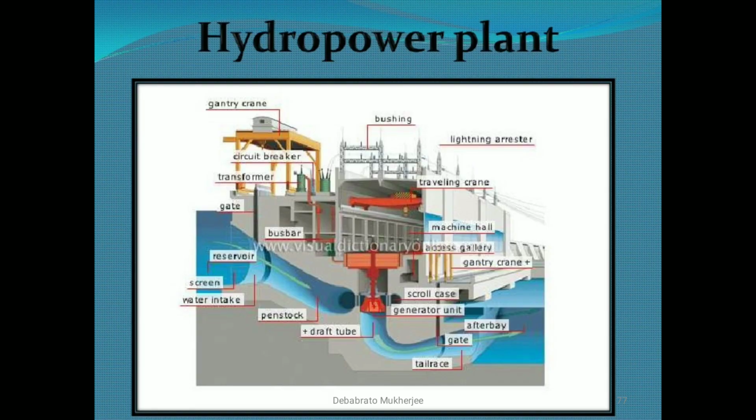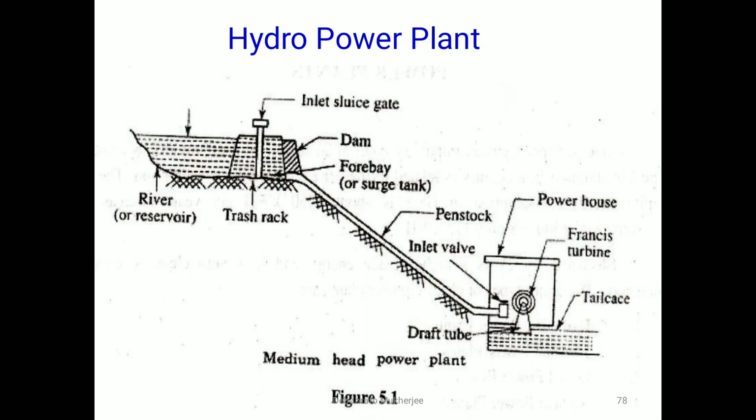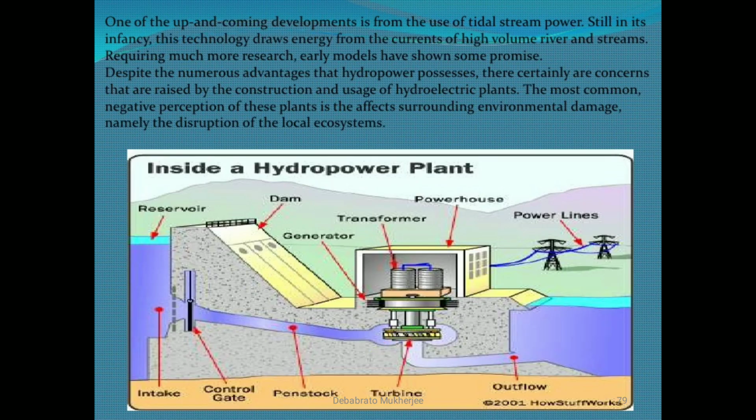If the lightning stroke is very high with a high voltage level, and the lightning arrestor is not there, then it may damage the generator. Sparkings can happen inside the hydro power plant. The same pictorial view is over here.